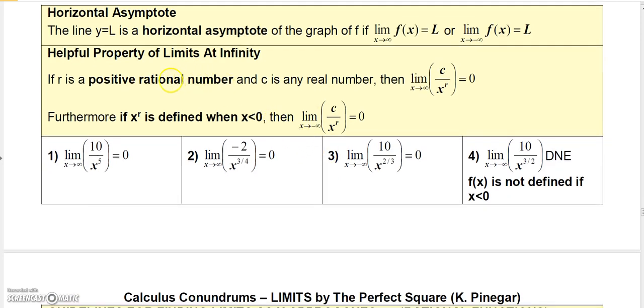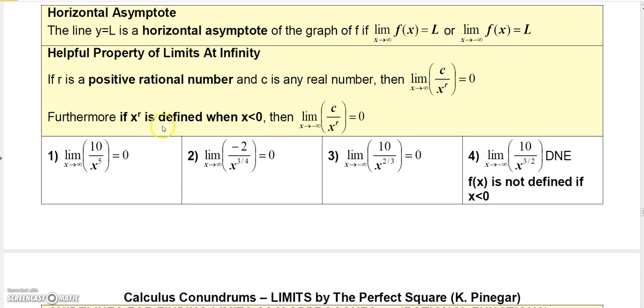One thing to remember about limits at infinity: let r be a positive rational number and c be any real number. Then the limit as x approaches infinity of c over x to the r, where x is a variable and c is just some number, will always equal 0.